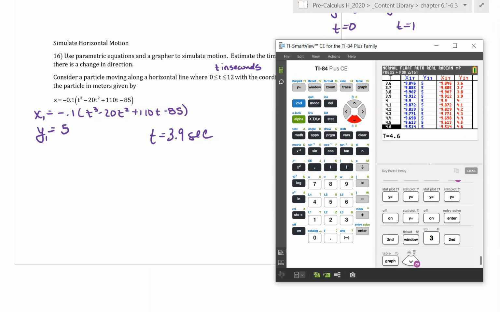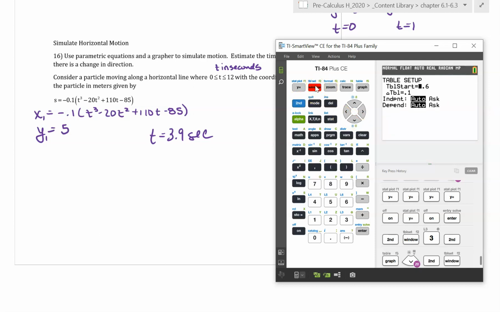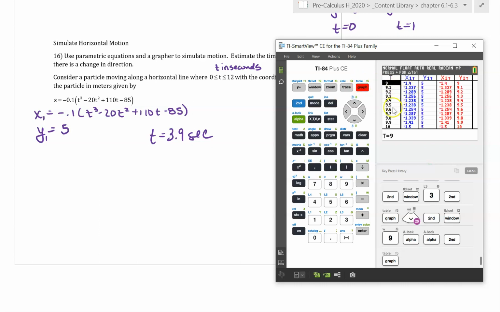And let's keep going because, again, we guessed the other one was approximately 9.5. So it might actually be quicker if we just go to table set and say start at, I don't know, 9. Oops, and then go to the table. So let's see, right about here, do you see how it's negative 1.238, negative 1.238? And notice we were going negative 1.337, negative 1.289.